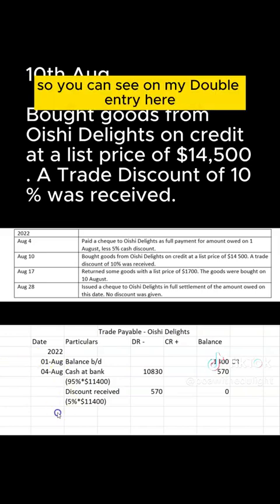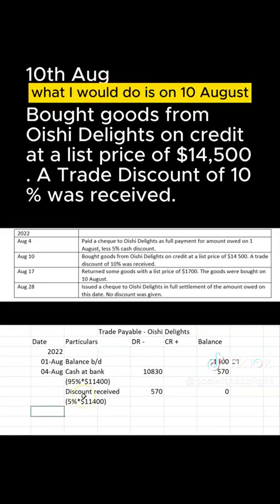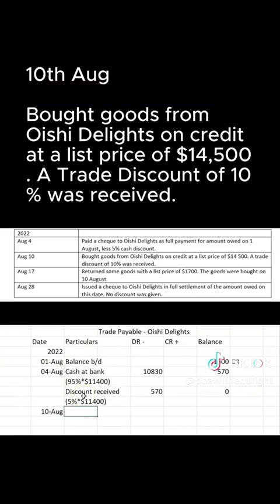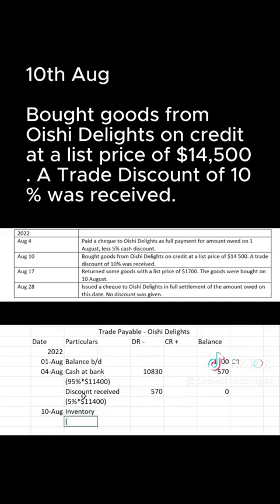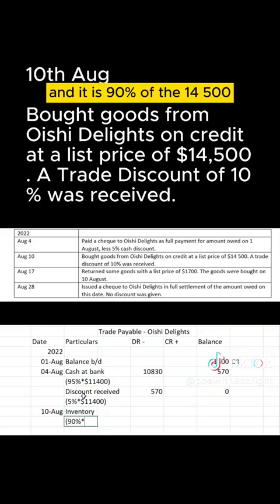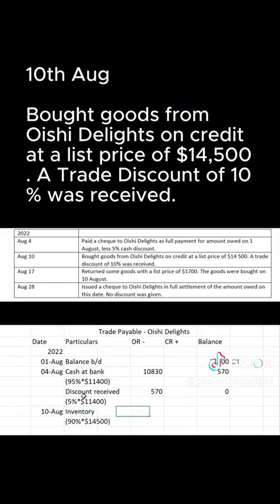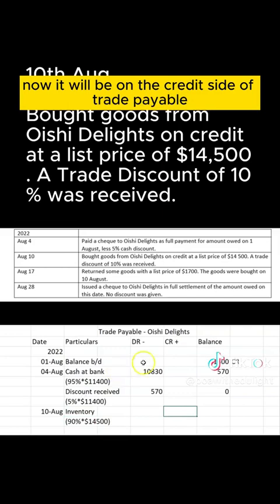So you can see on my double entry here, on 10 August, I will record, in this case, inventory, because I bought goods from Oishi, and it is 90% of the 14,500. Okay. Now, it will be on the credit side of trade payable.